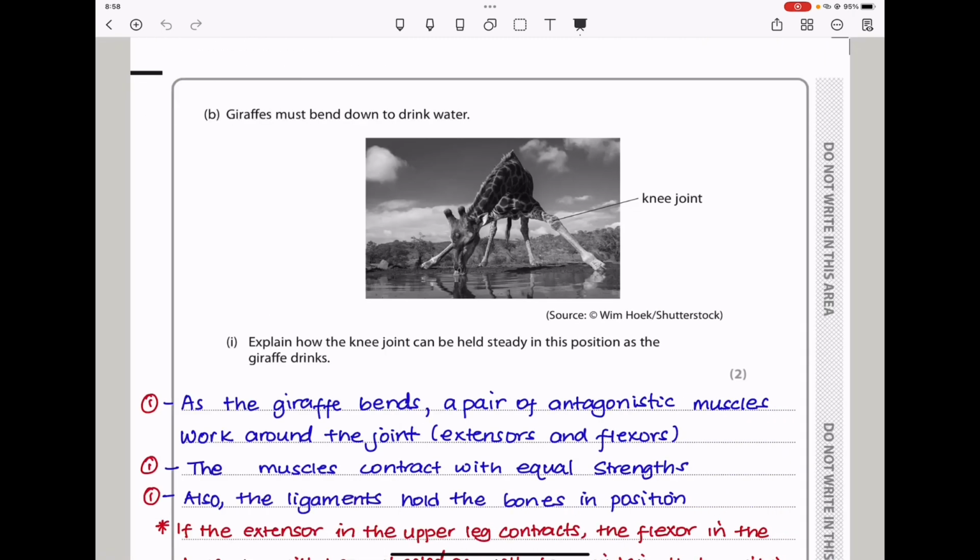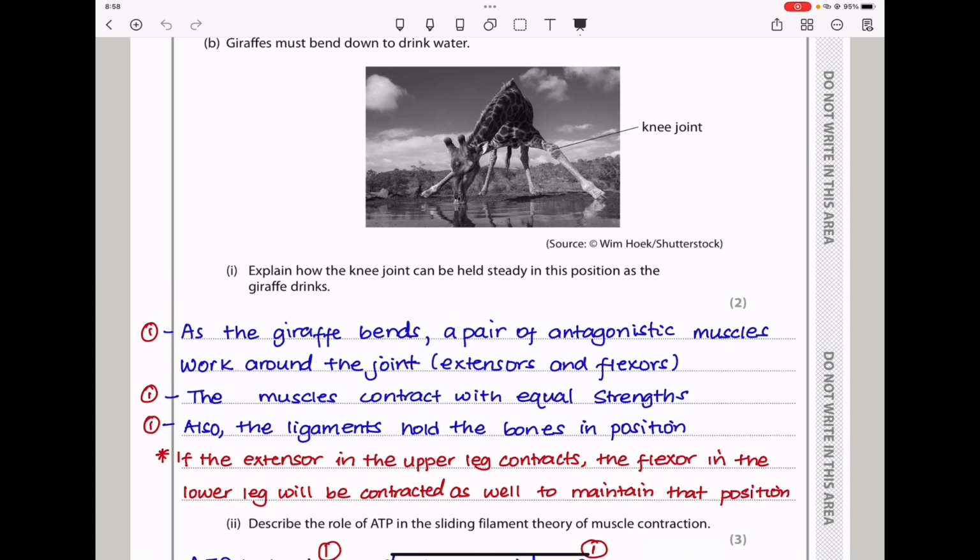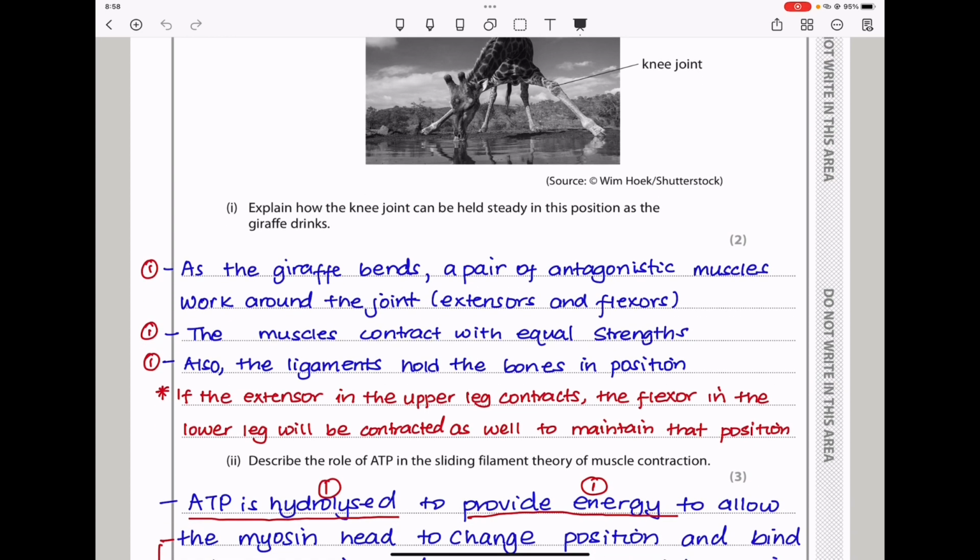Moving on. In part B, giraffes must bend down to drink water. We can see that is the knee joint. They say explain how the knee joint can be held steady in this position as the giraffe drinks. Now to be held steady, of course, antagonistic muscles are going to be working. So I said as the giraffe bends, a pair of antagonistic muscles work around the joint. They could be extensors and flexors.